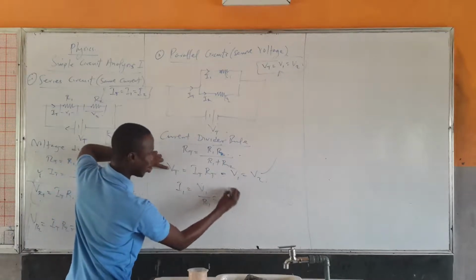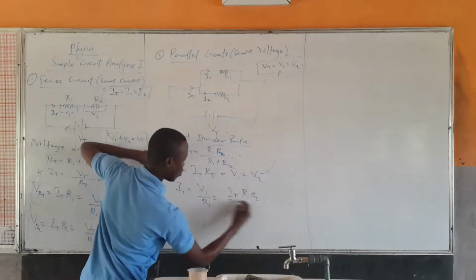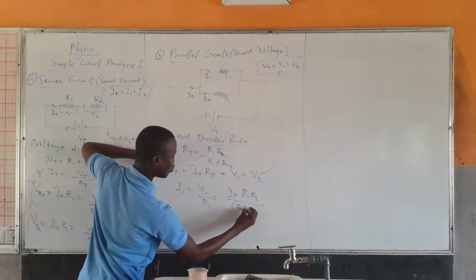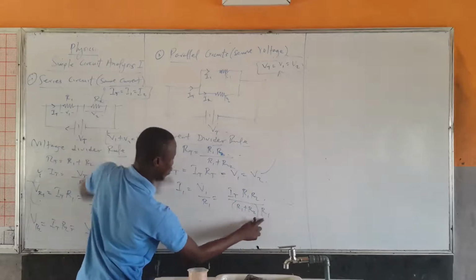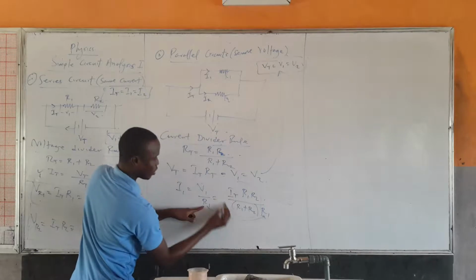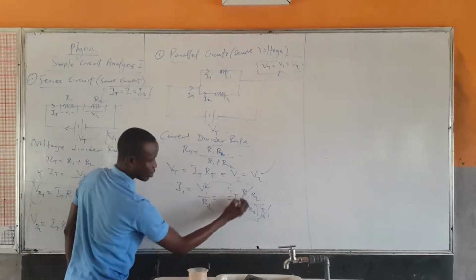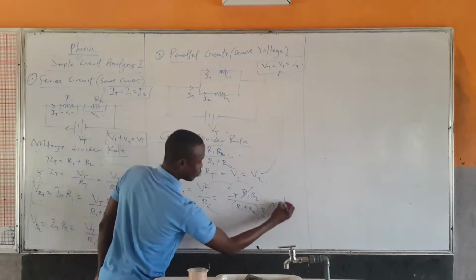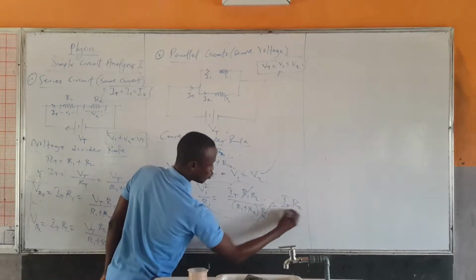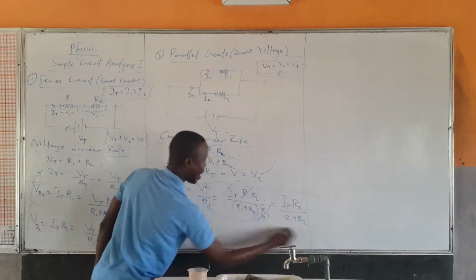I have I total, R1 R2 over R1 plus R2, into R1. Okay, the whole of what I have here is V1. So that means R1 cancels this, and we have I total, R2 over R1 plus R2. That is the current I1.